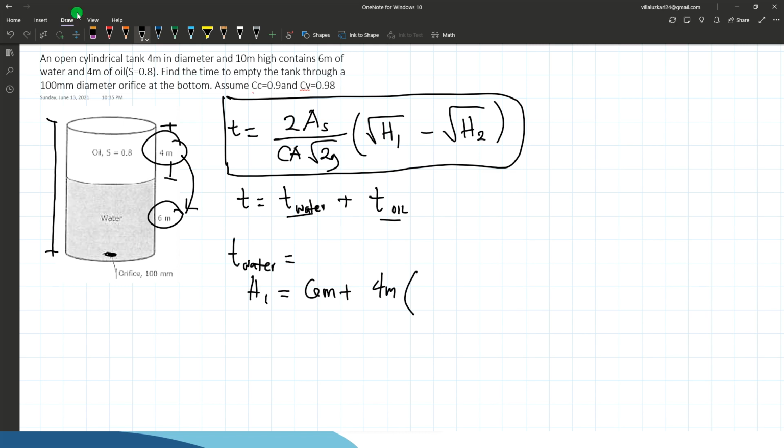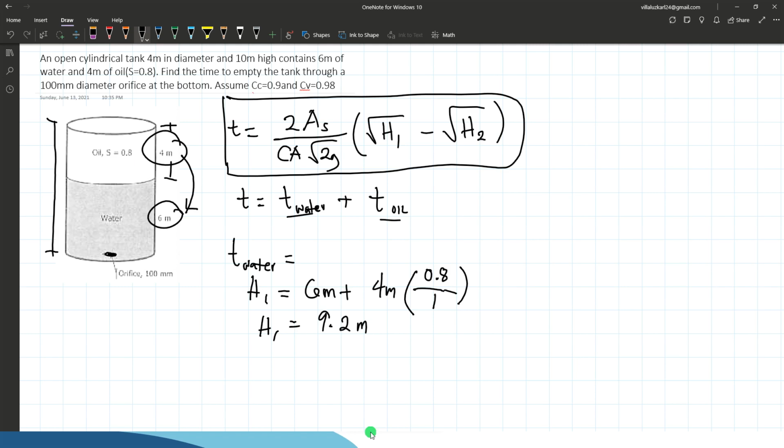Again, we multiply it by the ratio of its specific gravity to the specific gravity of water, which is 1. So our H1 here is equal to 6 plus 4 multiplied by 0.8. That's 9.2 meters.